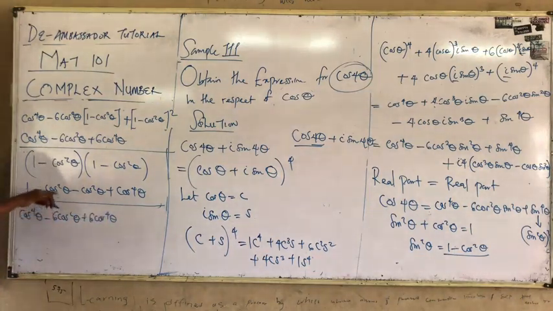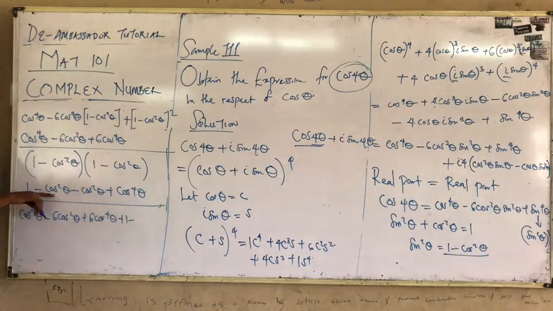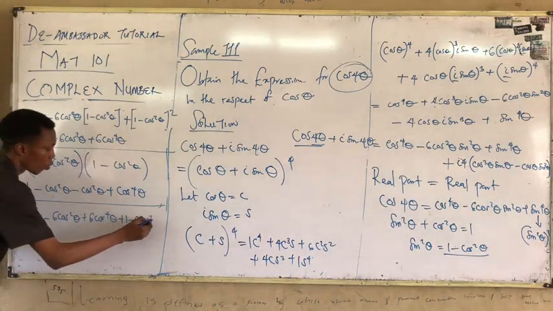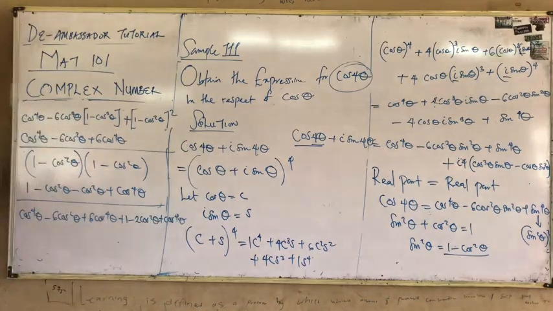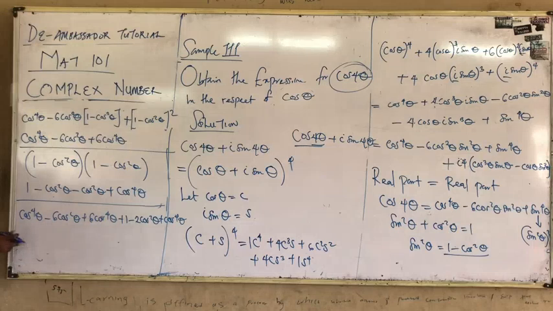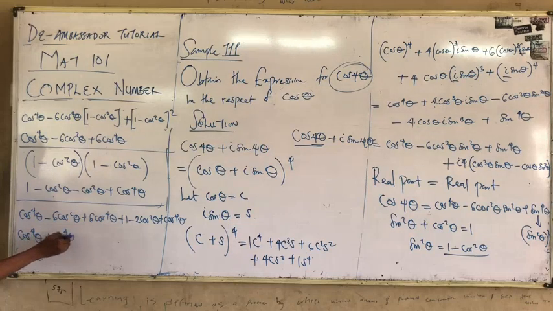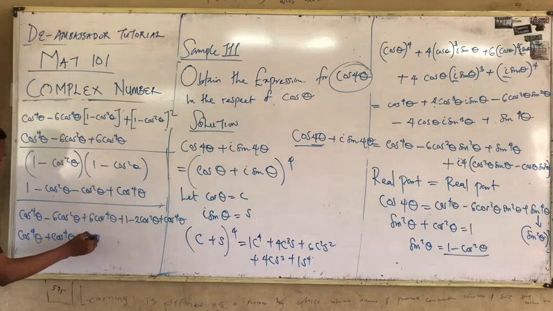And what do I have now? Everything plus 1 minus 2 cos square theta, then what? What's common, everyone? Square is here, square is here. 4 is here. So arrange it. How many cos 4 theta do we have? This cos 4 theta, plus another cos 4 theta, plus 6 cos 4 theta.